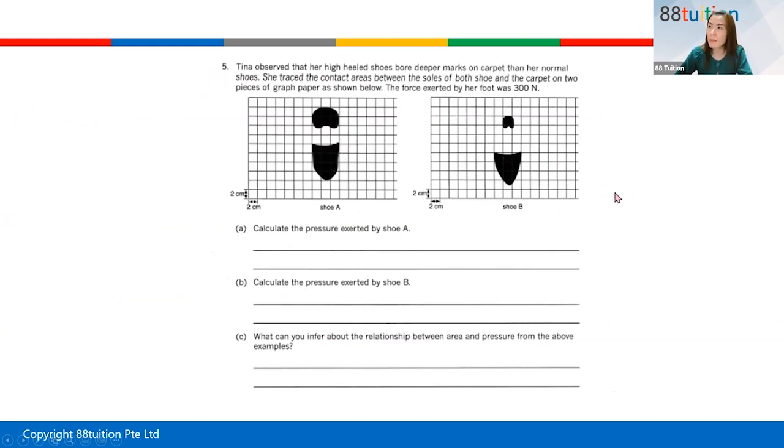So you might be wondering, how do I actually find the area? Because you need to do the calculation. So whenever you see a question like this, always consider those tiny squares that are fully covered or more than half the square is covered.